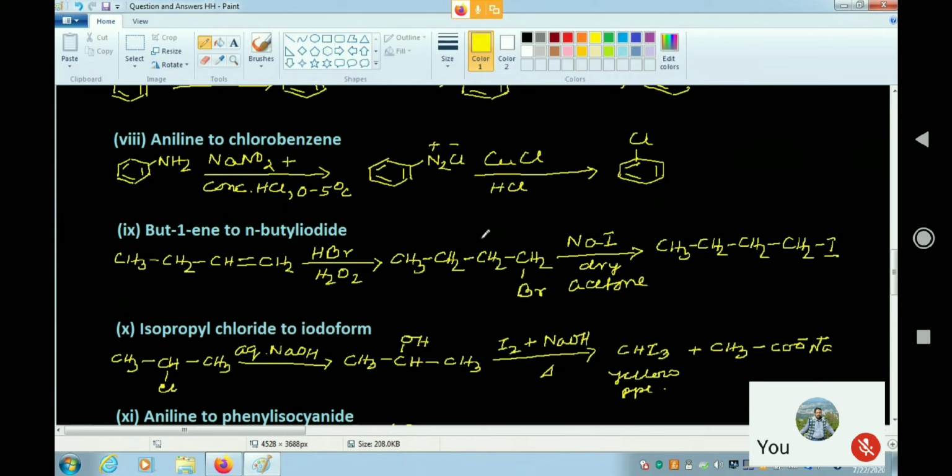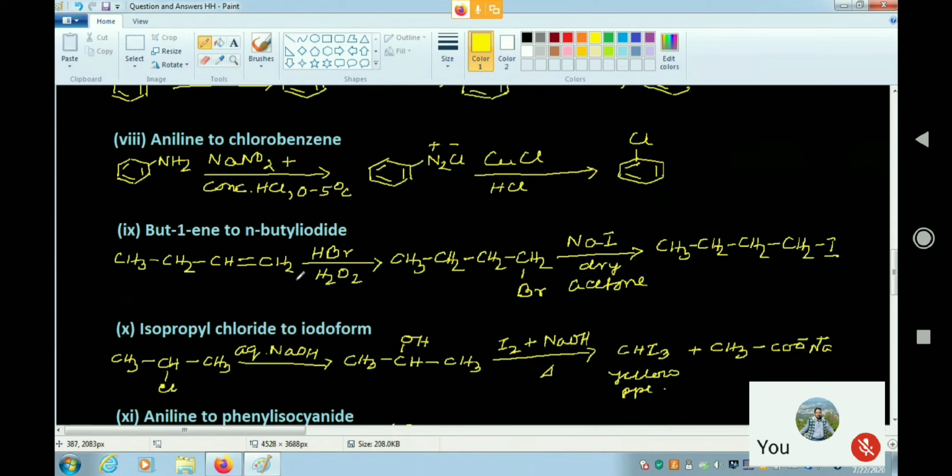Next one is but-1-ene to normal butyl iodide. In this reaction, the iodine group is coming at the terminal carbon. So we can take the help of the anti-Markovnikov rule to bring bromine first, as we know that anti-Markovnikov addition is carried out only in presence of HBr.